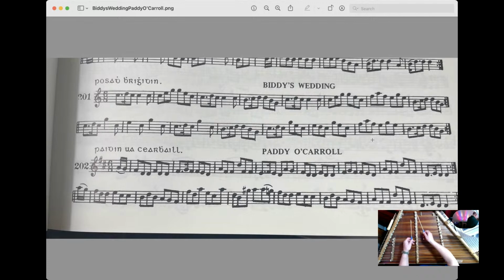And here's an F. F and A are the first and third of an F chord, which would be the 4 chord in this key. Whoa, my C is a little out of tune there.